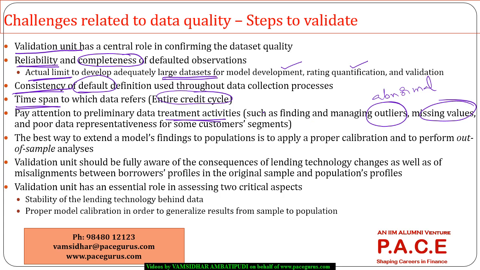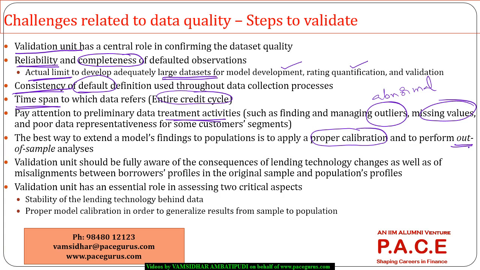Especially in some situations, the customers may not have updated their data for some of the variables. So that would be a major challenge. So I need to have a mechanism on what all data cleaning activities I need to focus on, right? And how do I do a proper calibration of the parameters?